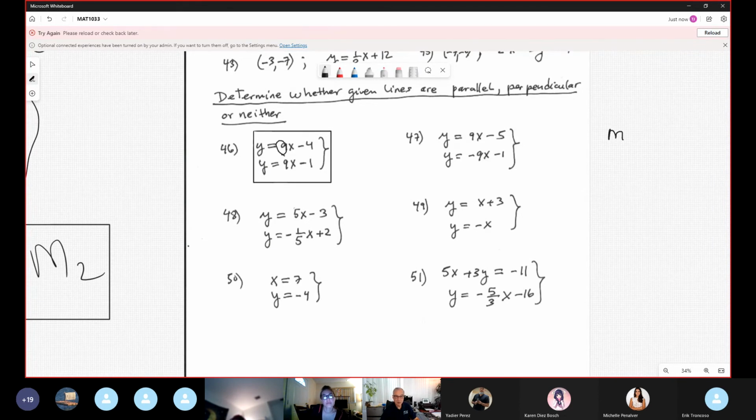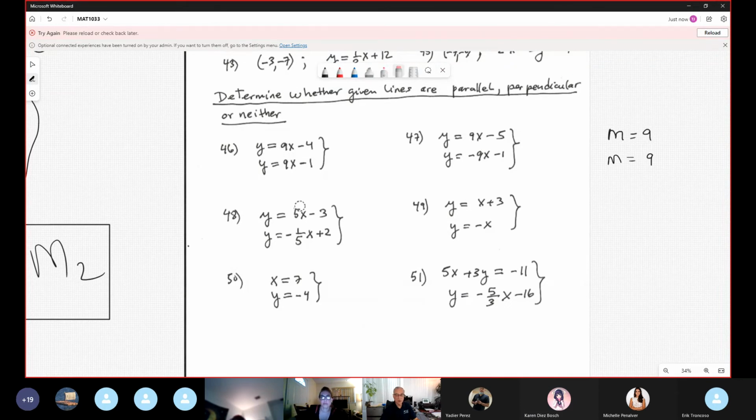You see it's 9? Yes, positive 9. And what is the slope of the second? 9. So it's the same. So what is the conclusion? Is it parallel? Absolutely, parallel. Any question?